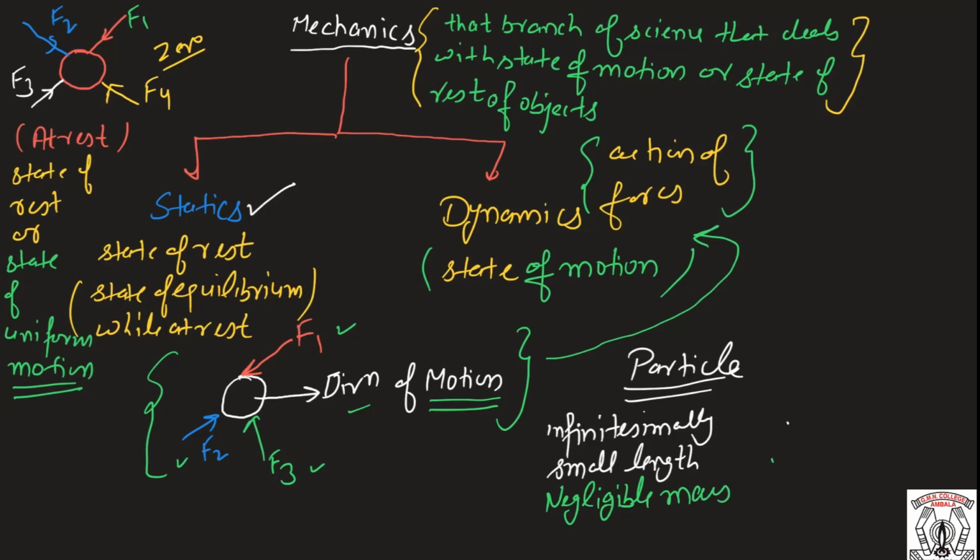Like this is a particle, this is a particle, so these all are particles. Okay, that has two properties. One is infinitesimally small length and another one is negligible mass. So these are the particles.